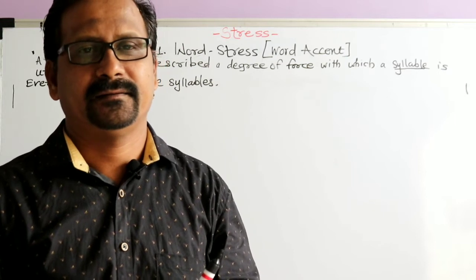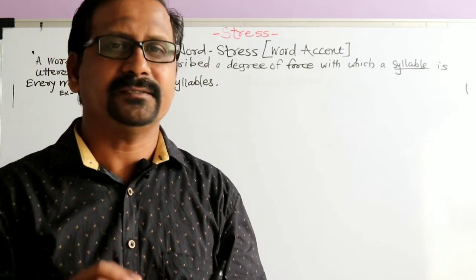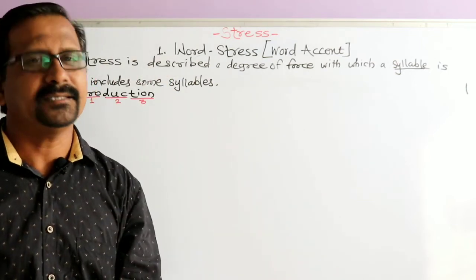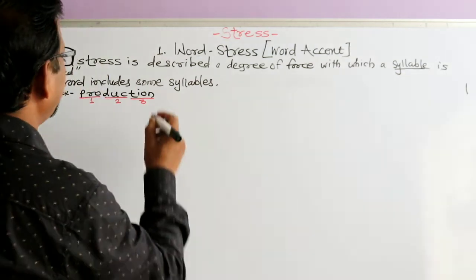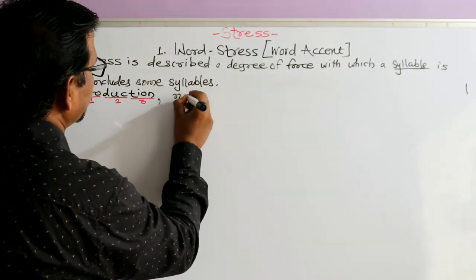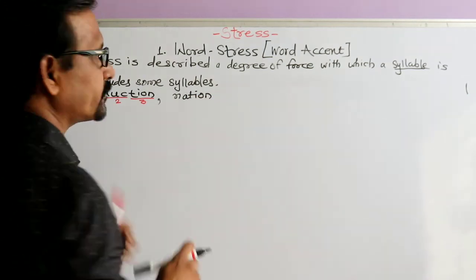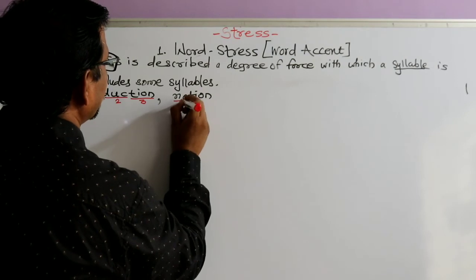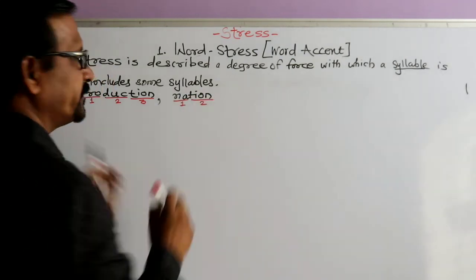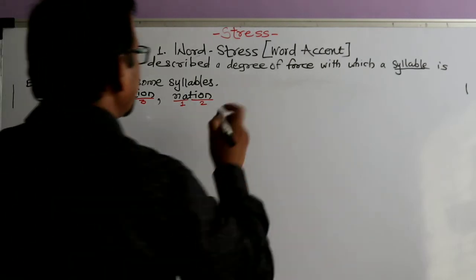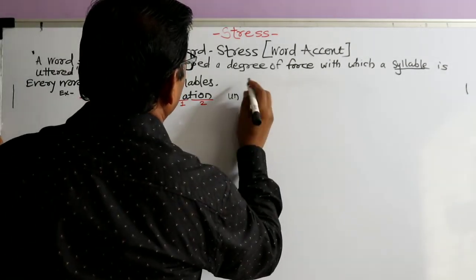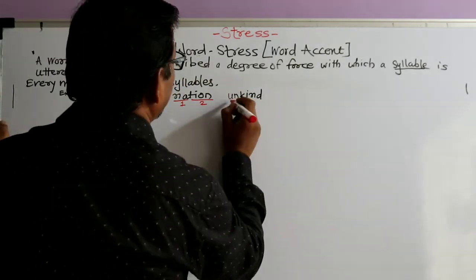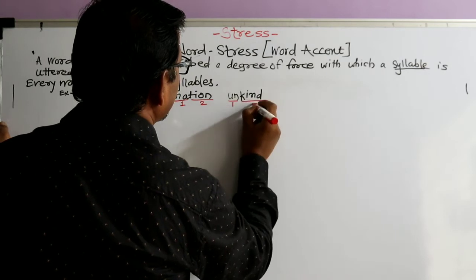Second example, nation. The word nation has 2 syllables, na and shun. One more word we can think about is unkind. The word unkind has 2 syllables.